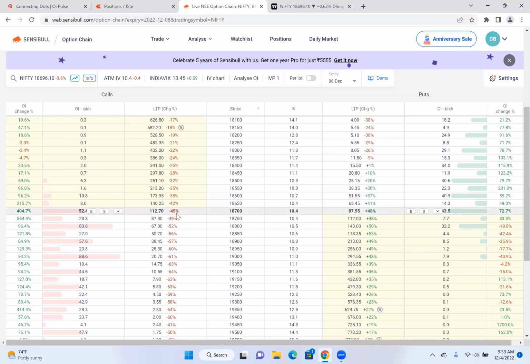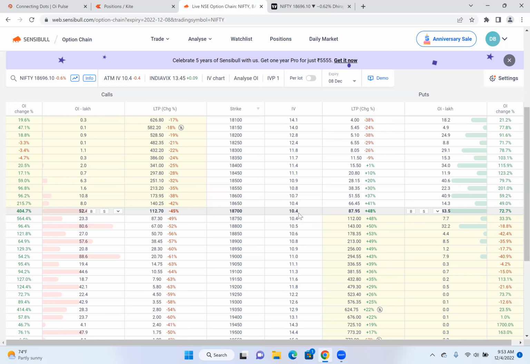Now let's look at the put OI. Put is 87.95 as the premium. The OI is 43.5. So if you start your analysis by looking at the ATM strike, which in this case is 18,700, start from there.